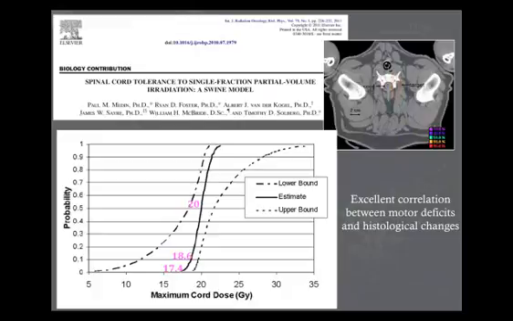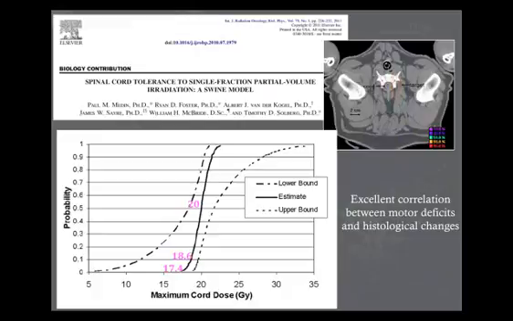For instance, a neurofibroma will respond to 12 gray as we treat acoustic neuromas in the brain. Spinal AVM, the same thing. To control spinal metastasis, we do need preferably doses higher than 14, 16, 18 gray. We are not treating all of them with 18 gray because we don't know how much the cord is going to tolerate.